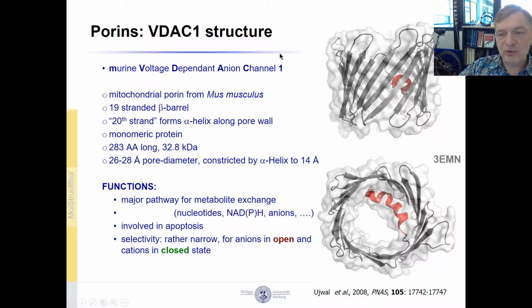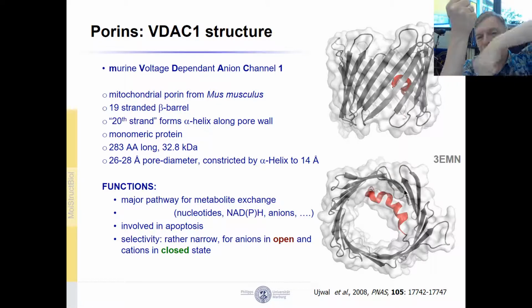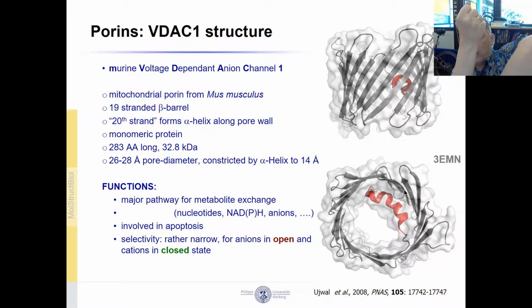What is interesting about this protein compared to the other ones I have shown you before is that it has a non-even number of beta strands. 19 beta strands are in it. That is unusual. That means that strand 1 and strand 19 form a parallel interaction instead of the anti-parallel interaction that we usually have in the porin class of proteins.